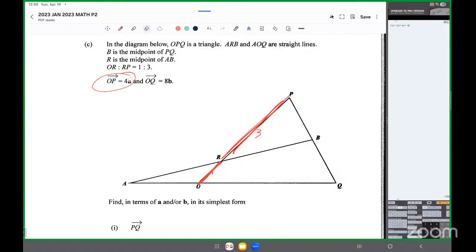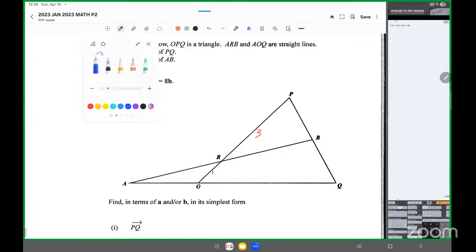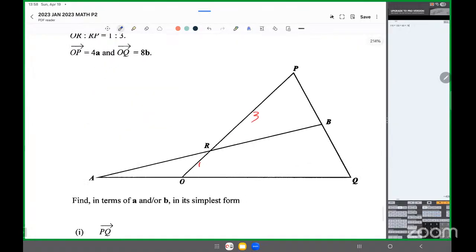They give you nice, easy numbers to work out. So the vector here for the 1 part is A, and the vector up here for the 3 parts is 3A. So the total vector is 4A. A plus 3A is 4A. So the ratio is divided nicely for you, the 1 to 3.